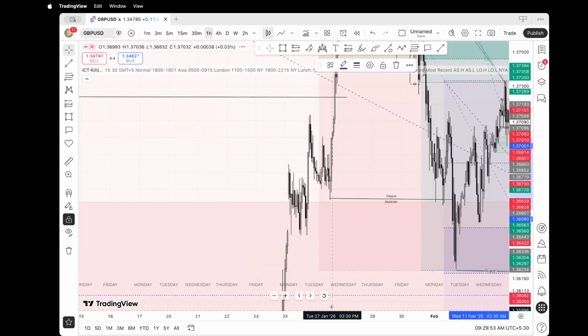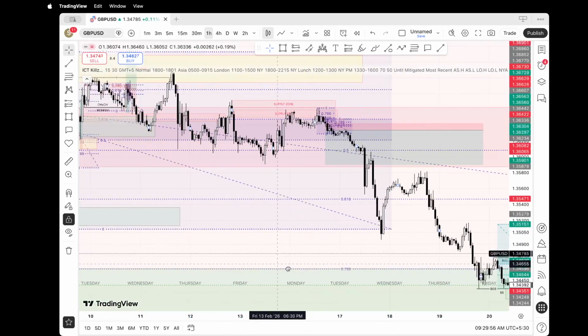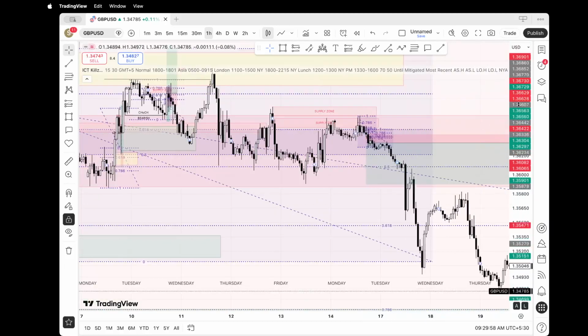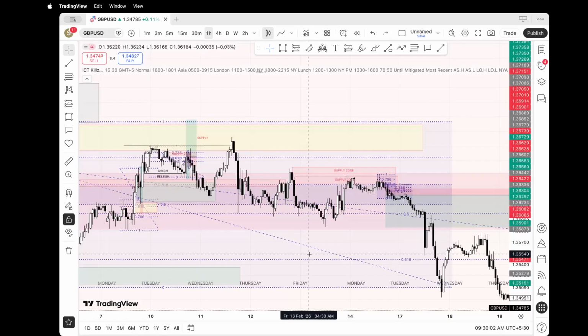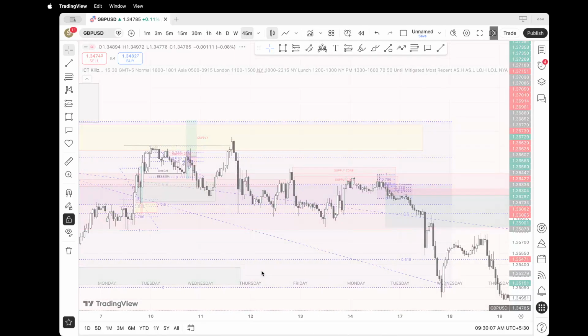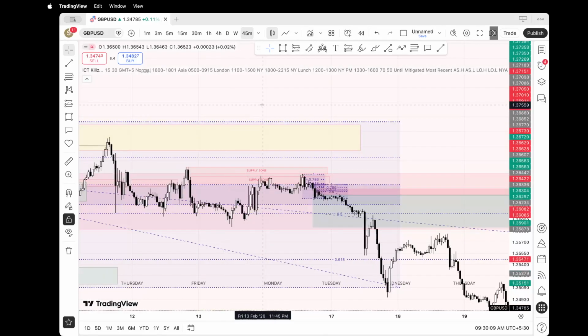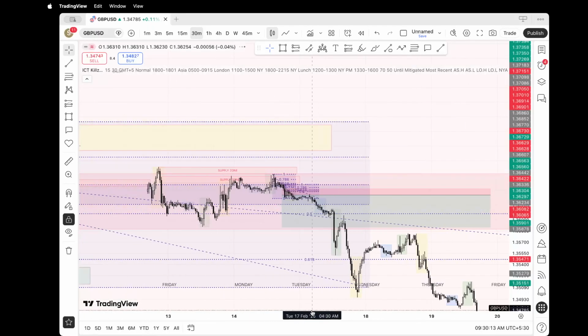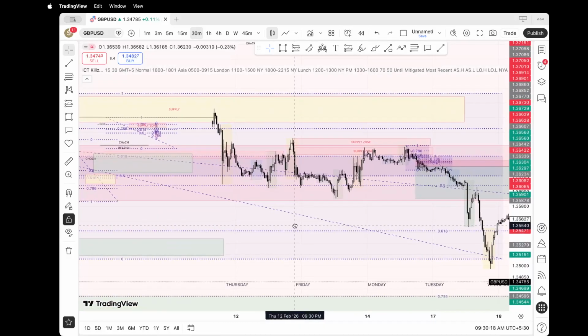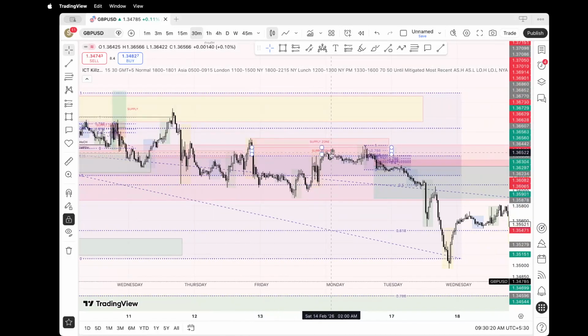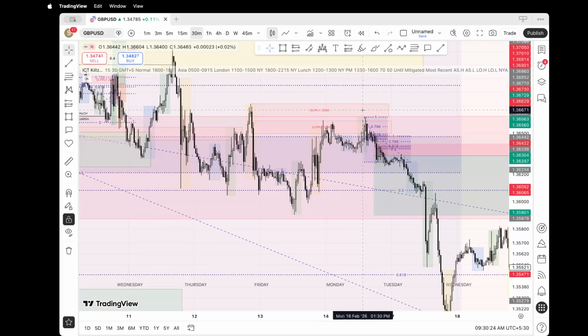Or the best scenario, some traders say, is to look for a 1 minute order block, 1 hour order block, or a more recent order block that has been formed, and then trade that particular order block. So it came here, and then it formed this supply zone, and this was the zone you can basically trade from.